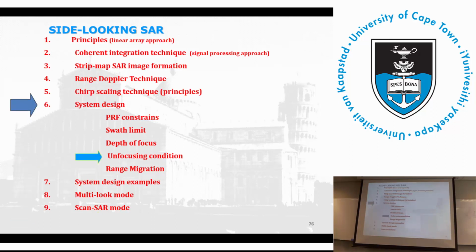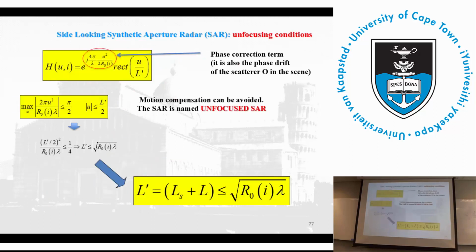Unfocusing condition. What is this? Again, you've got this phase correction term here. And we want to investigate what happens if we don't compensate at all. That is called unfocused SAR.